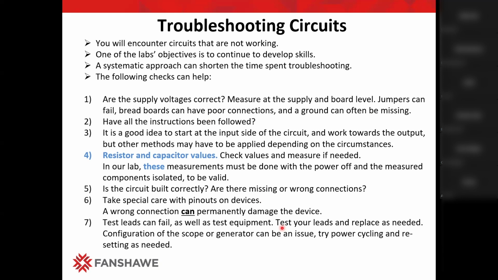Well, we grabbed another meter, and it showed 120 volts. The meter was bad. I'm not even going to tell you how many years I've been using test equipment, multimeters and things like that. I've never had that happen. I've never seen a multimeter fail. Well, there's a first time for everything. Test your leads. Leads can fail. We can replace them as needed.